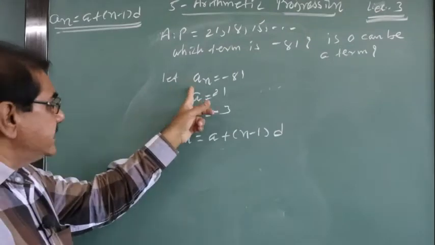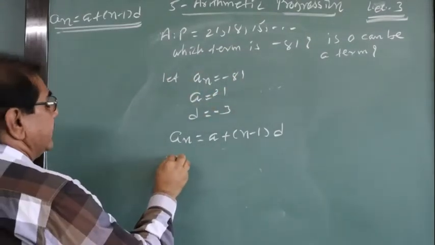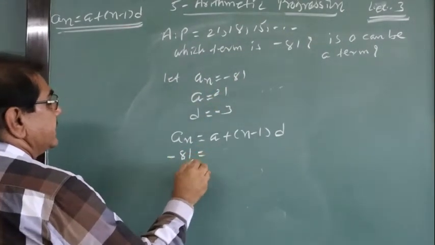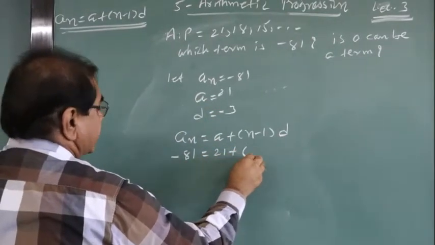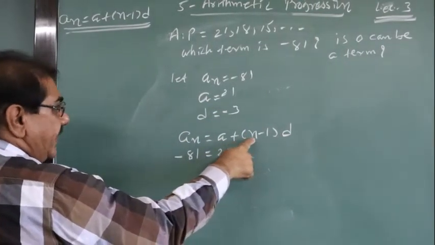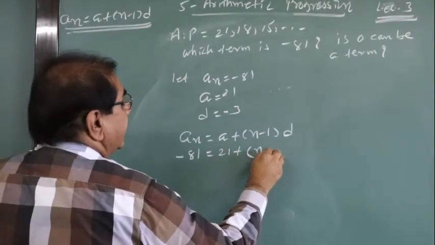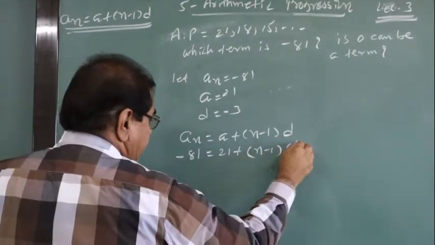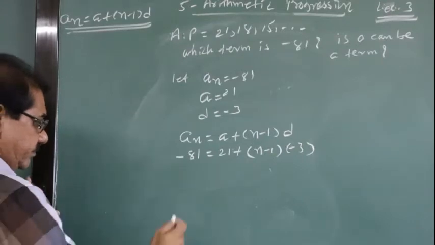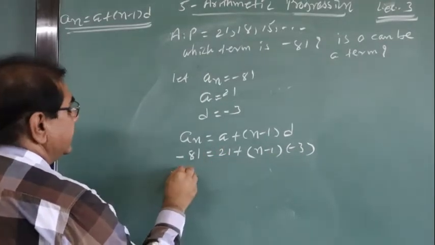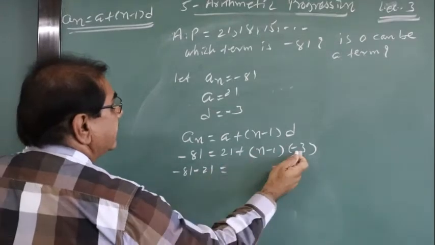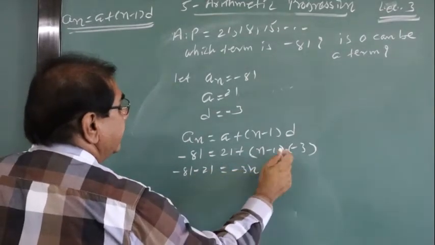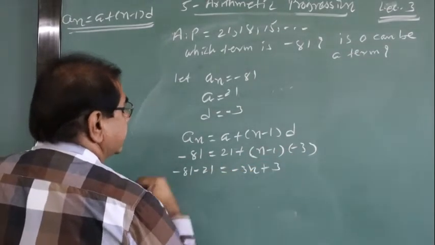Now here An itself is minus 81, as we have assumed. So minus 81 is equal to A, which is 21, plus (n minus 1) into the difference, which is minus 3. 21 is shifted, so minus 81 minus 21 is equal to minus 3n minus minus plus 3.